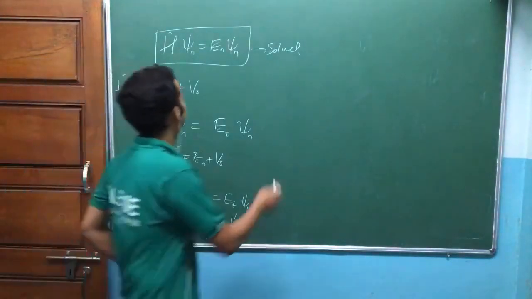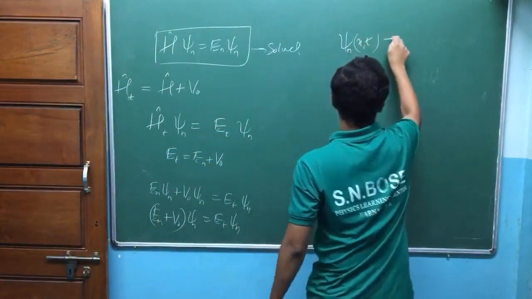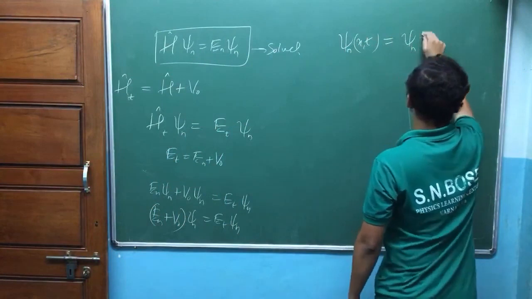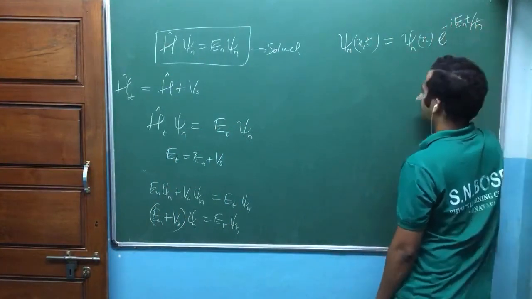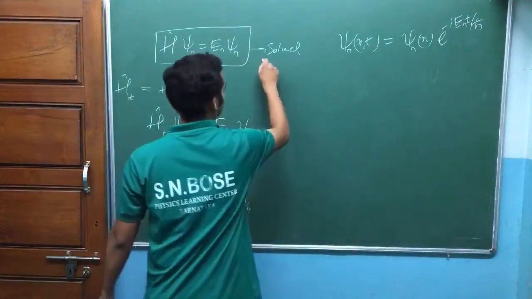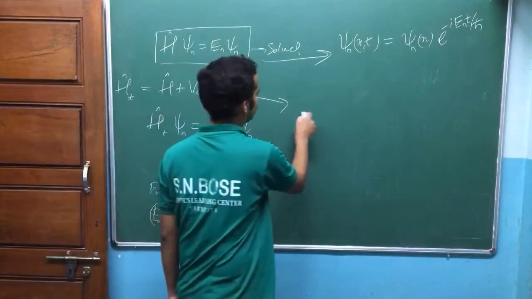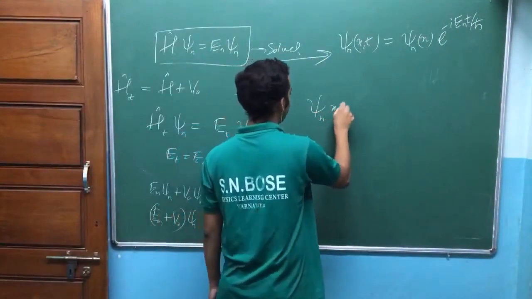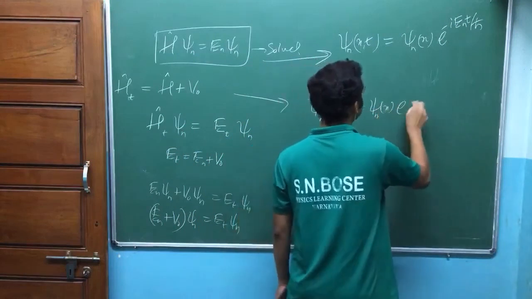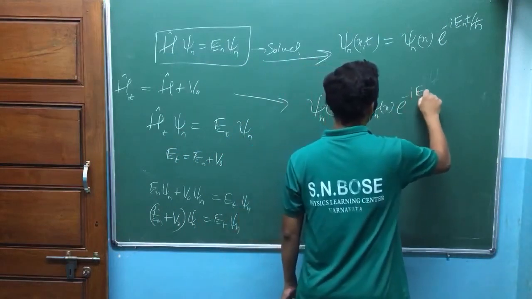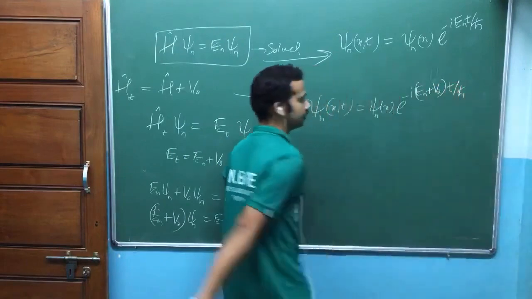Now look here. If you want to write psi n of x comma t, it is psi n of x into e power minus i E n t by h bar, am I right? So for this new Hamiltonian, psi n of x comma t is equal to psi n of x into, with the new energy, e power minus i E n plus V naught t by h bar.